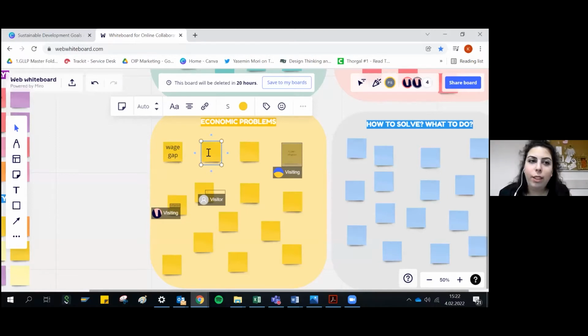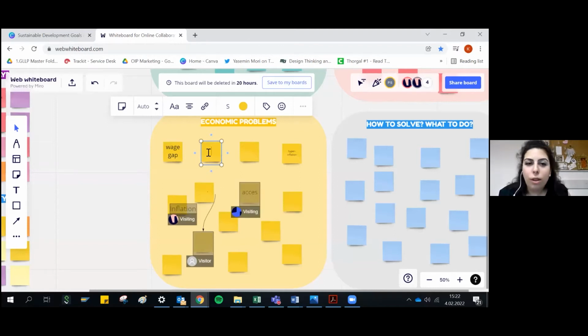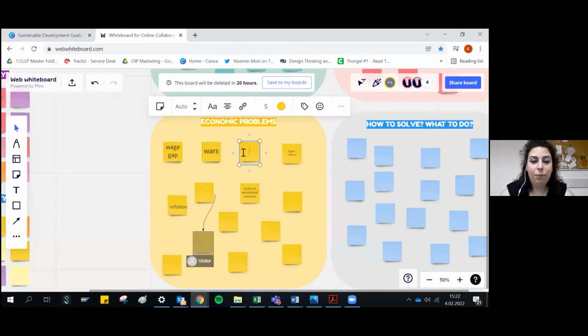Zoom chat, you can write your opinions. Wars. Okay, everybody's talking about, okay. Working conditions, yes. Okay. Access to educational materials, paywalls, okay, good.